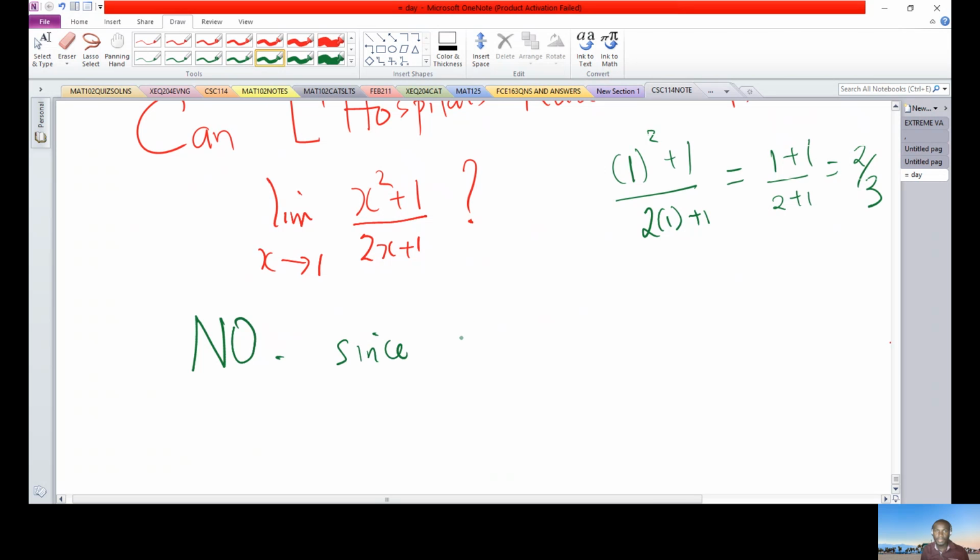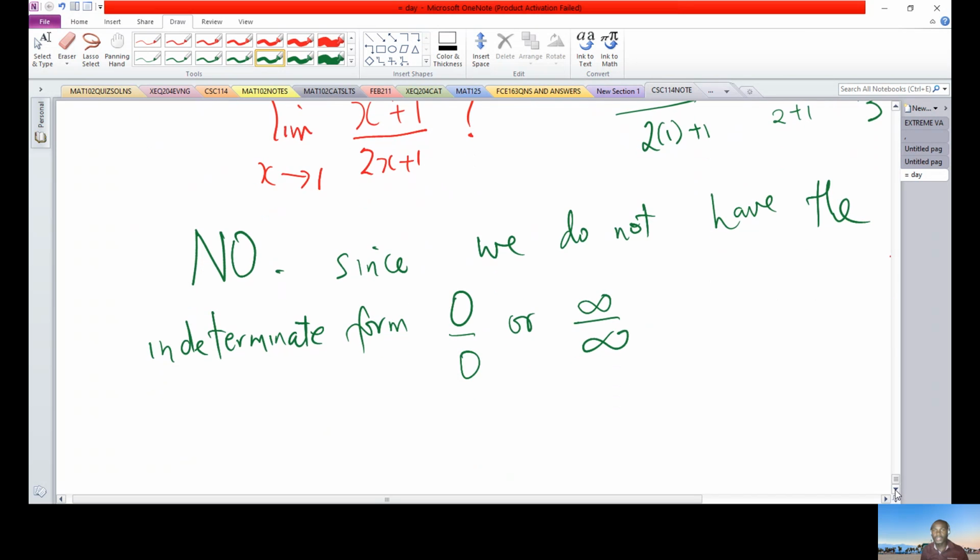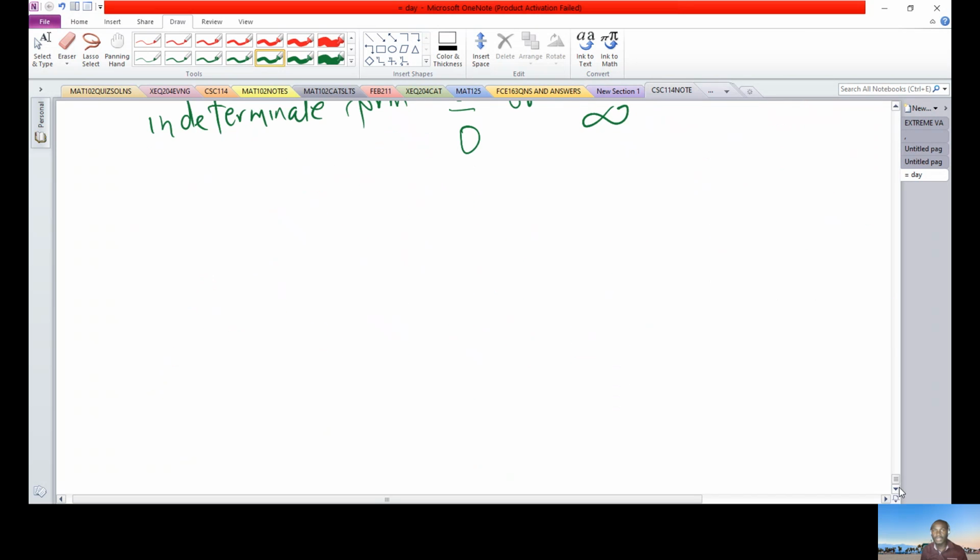Since we do not have the indeterminate form, 0 over 0 or infinity over infinity, which would allow us to apply L'Hospital's rule, therefore we say L'Hospital's rule cannot be applied.